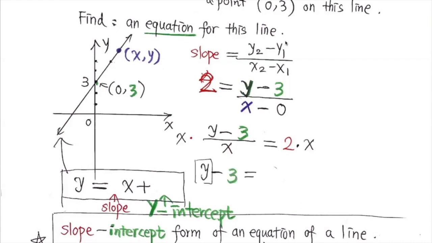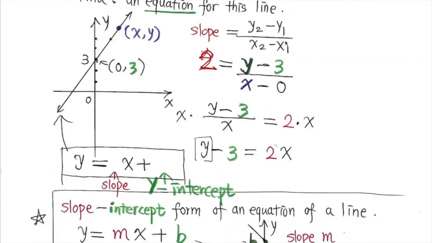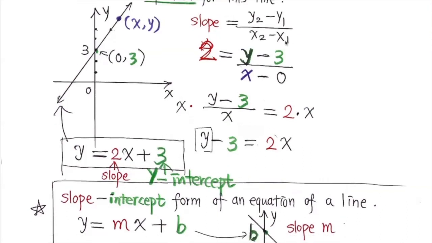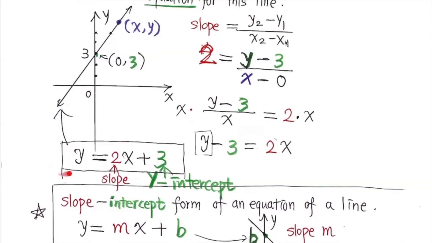On the other side, you get 2 times x. Now, this is a linear equation. However, we can do better. We can try to isolate y by adding 3 to both sides. So we'll have y equal to 2x plus 3. So this is an equation of this line, passing through this point with slope equal to 2.